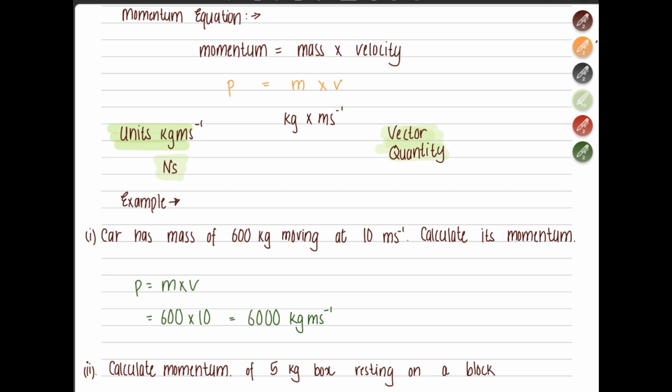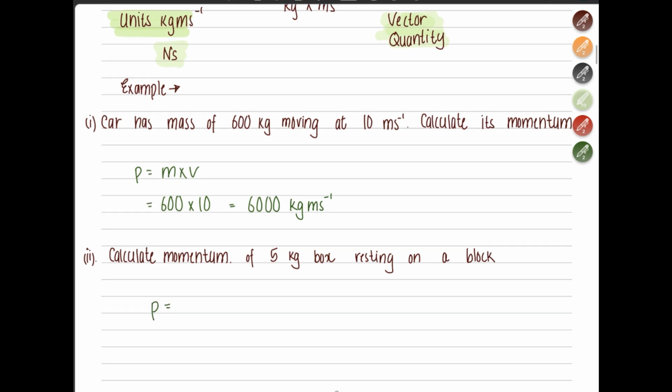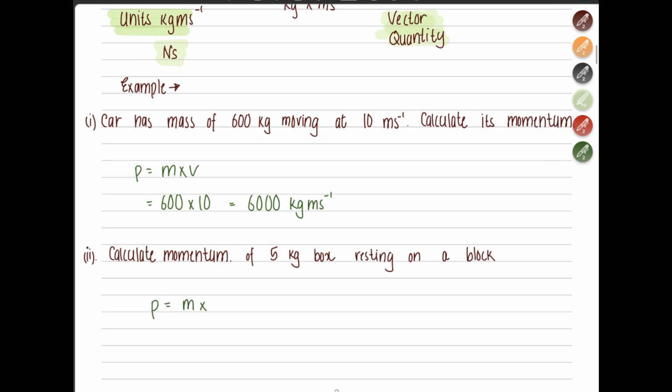Now, calculate the momentum of a 5 kilogram box resting on a block. Now we know momentum is the quantity of motion. If it's resting, it has no momentum, so momentum is just 0. If you want to show it as calculation, we can write this as 5 multiplied by 0. No matter how much the mass is, speed is 0, momentum is also 0.